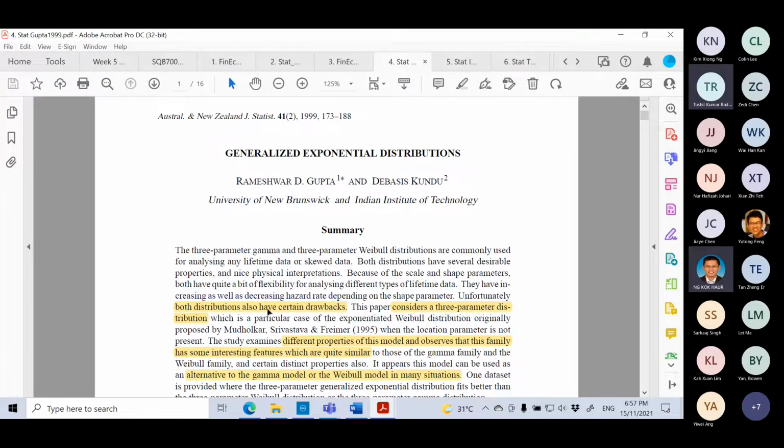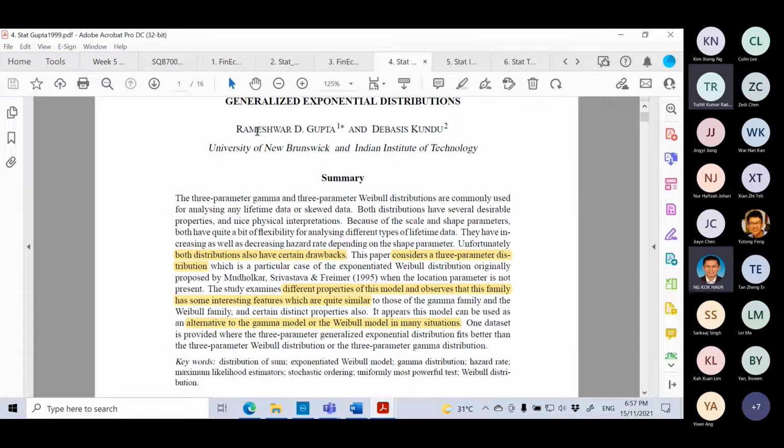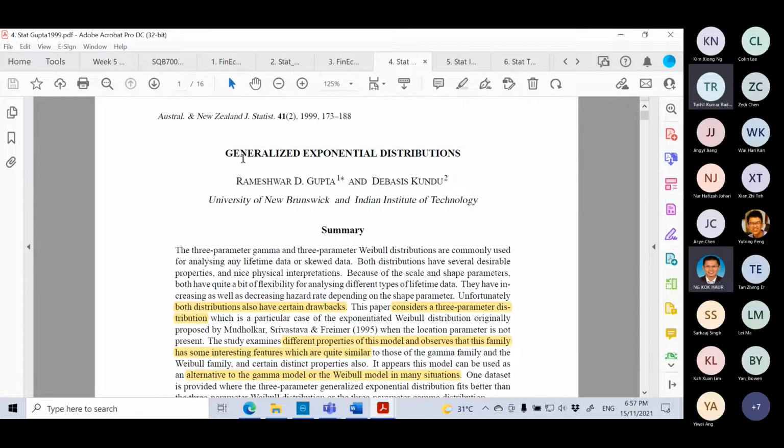If you observe the summary here, this paper concentrates on the generalized exponential distribution, and also on the 3-parameter family. So if those people want to consider your research area or research outcomes valuable, then they want to know what the contribution of your paper is.